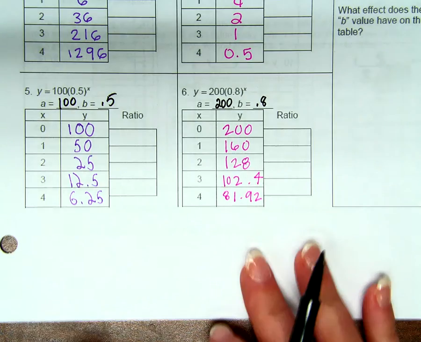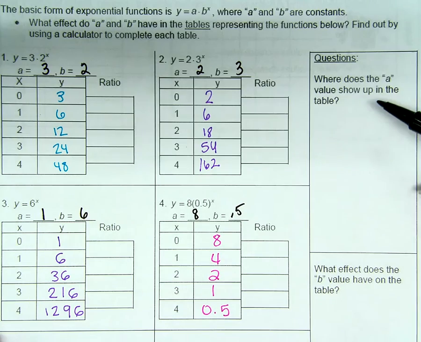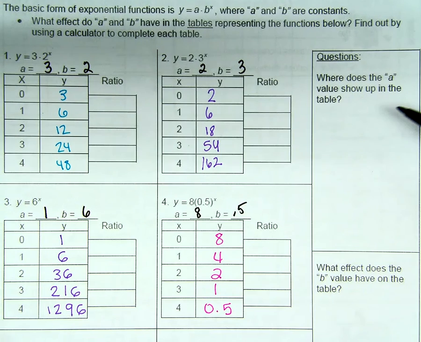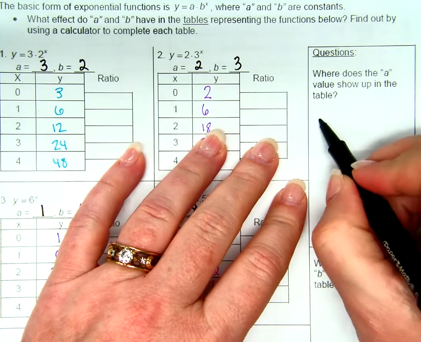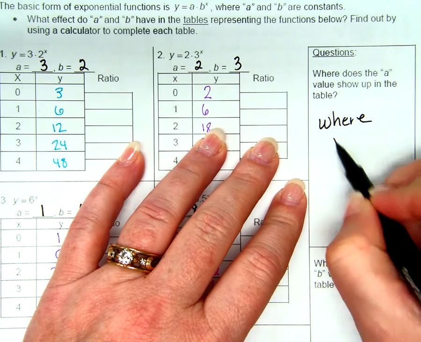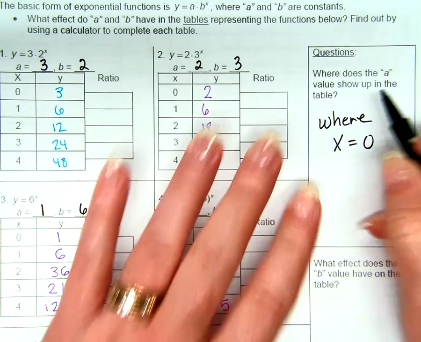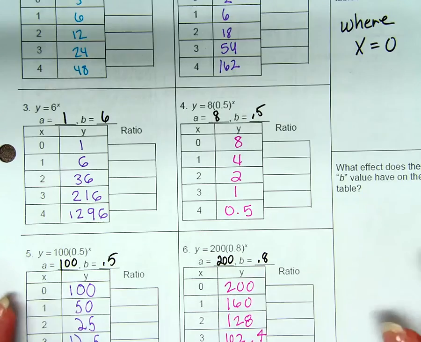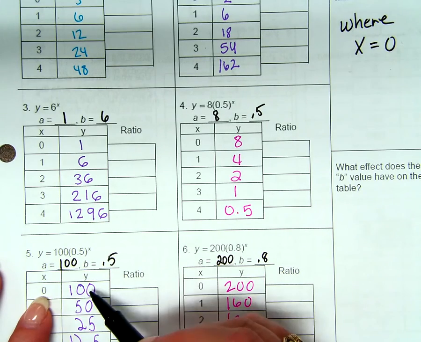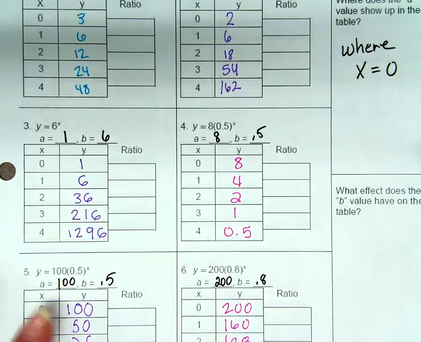Okay? Look at the questions on the side. Where does the A value show up in the table? So where x equals 0 every time? Looks like, for these 6, for sure, anytime x is 0, that's where A shows up in the table, right?